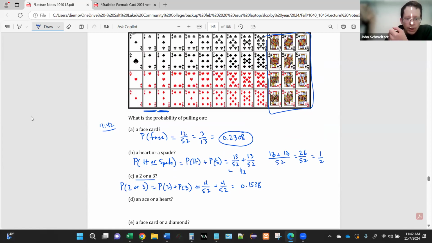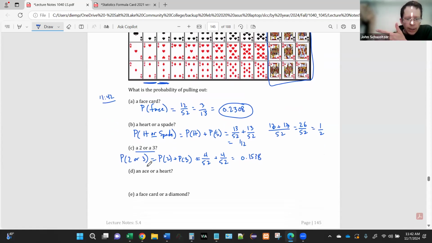Okay. So it gets a little bit more complicated here when we're talking about ace or a heart. The reason why is because there's an overlap here. This is definitely where I would recommend counting rather than using a formula. I think it's just a little bit more likely that you'll get caught up in the formula and make a mistake.